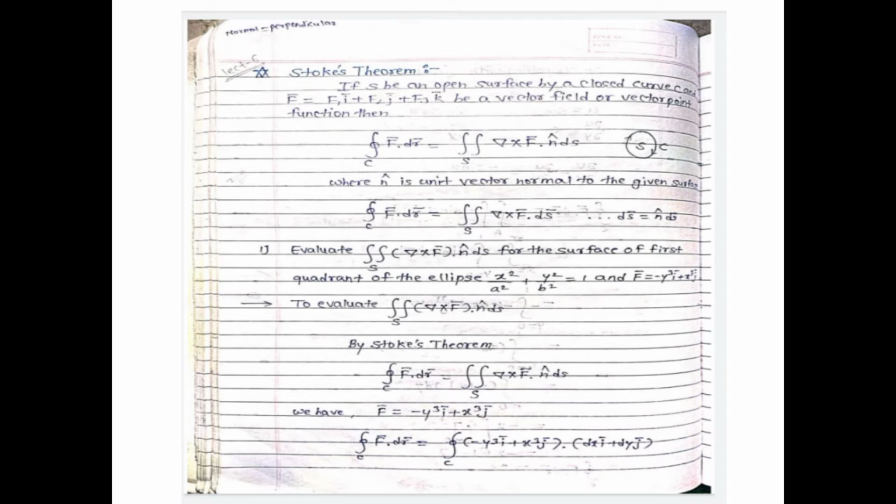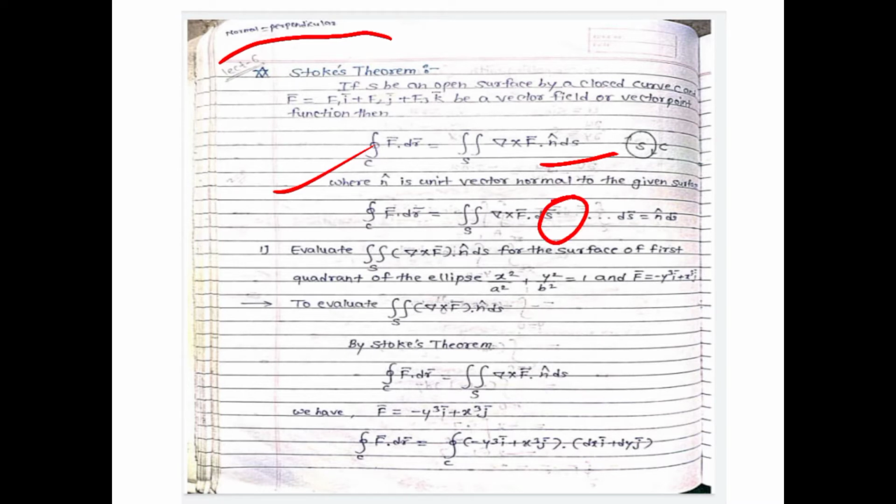So let us know what n cap is here. n cap is the unit vector normal to the given surface. Now what is normal? Here I have already written that normal is equal to perpendicular. So normal means that the unit vector is perpendicular to the given surface. And n cap ds can also be written as ds bar.